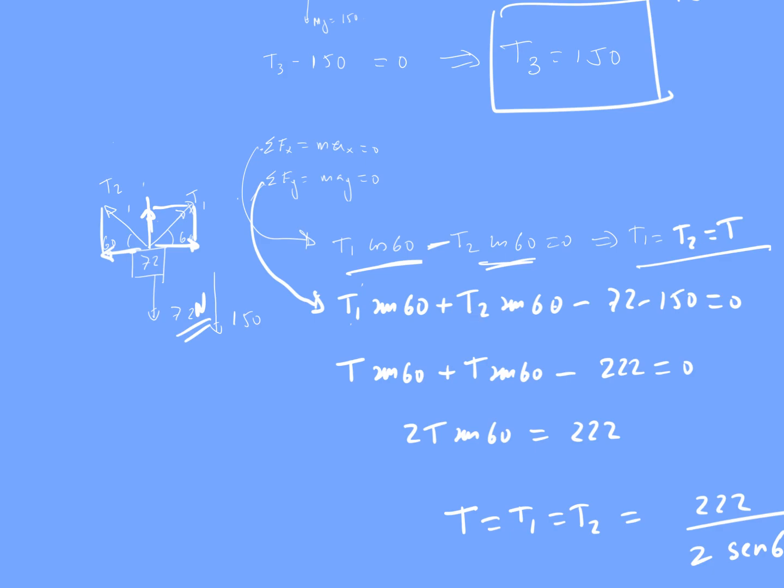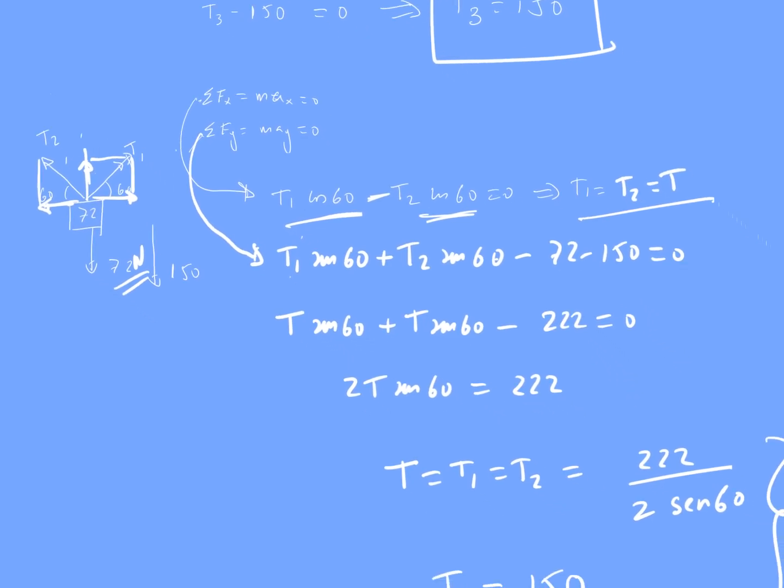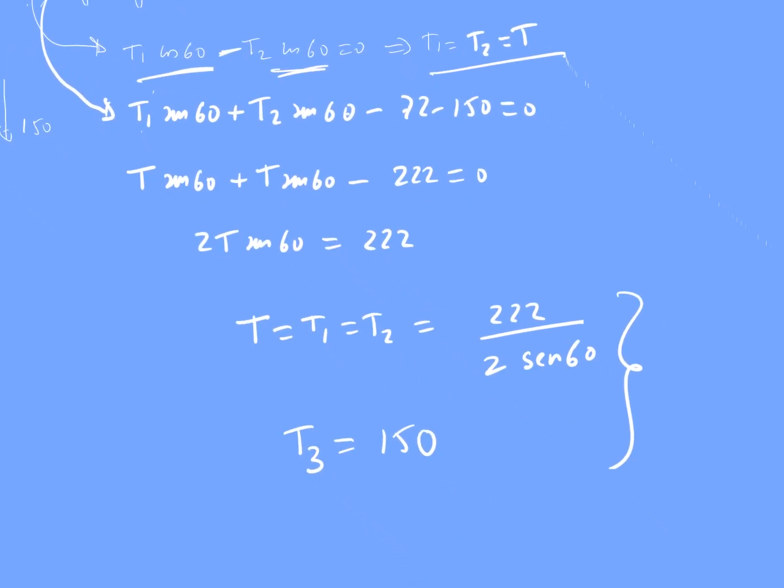Since T1 and T2 are the same, I write the equation as T sine of 60 plus T sine of 60, because T1 equals T2 equals T. So this is 2T sine of 60 equals 222. So the tension T on the rope sustaining the body of 72 newtons, or 7.2 kilograms, will be T equals 222 divided by 2 sine of 60.